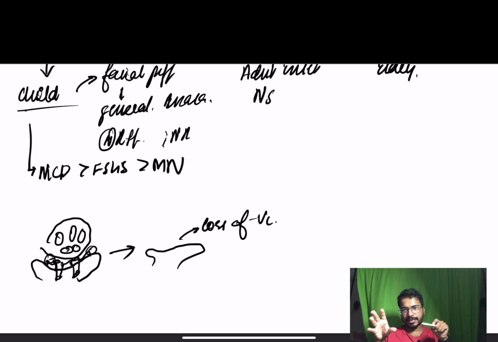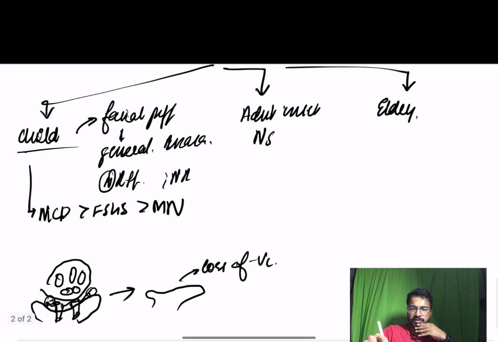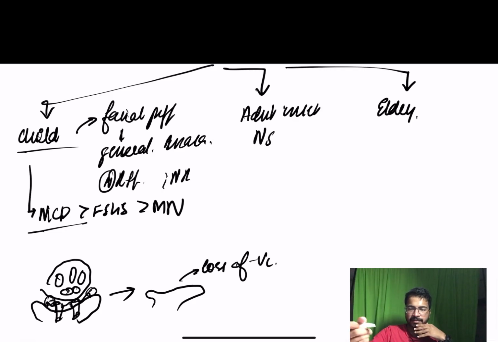Albumin is prevented from filtration by this negative charge. So when the podocytes get effaced, the charge is lost. This results in the negatively charged albumin getting filtered. So that is what is happening in minimal change disease.